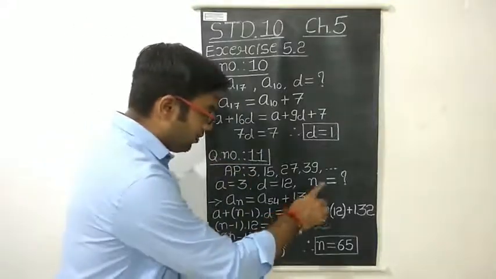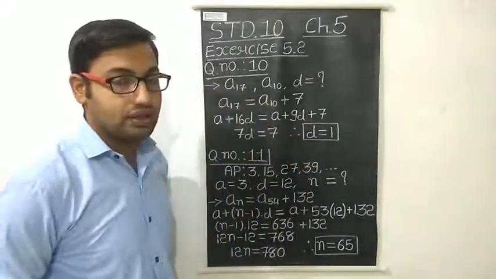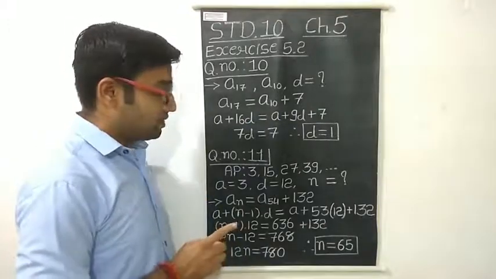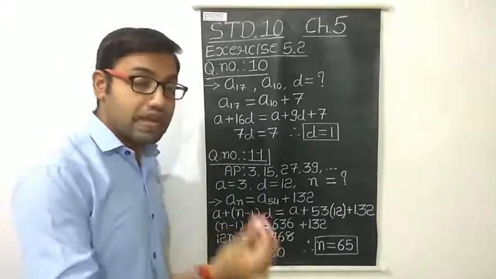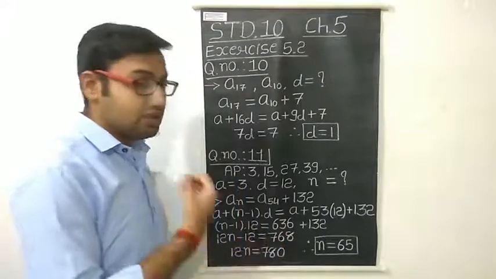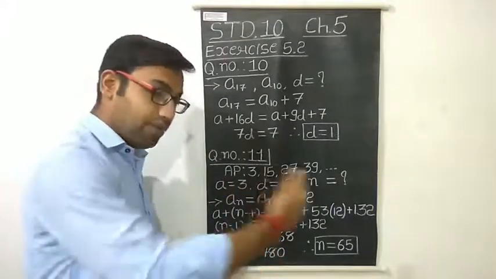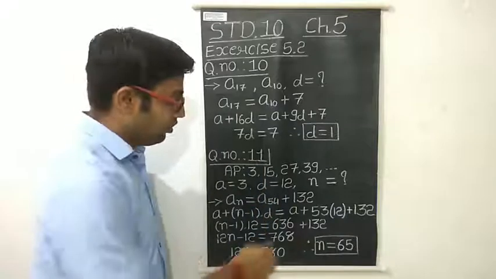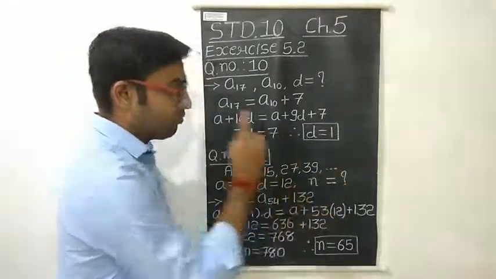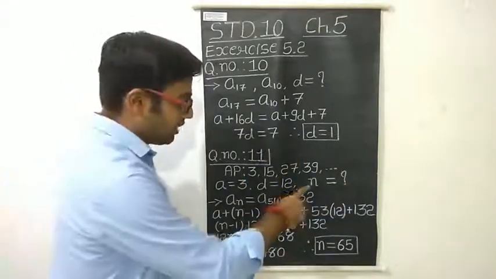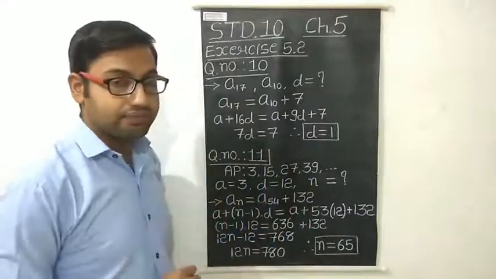We have to find the number of the term. See the difference: we do not have to find the value of the term. In this question we are asked which term. Which term means the number of the term. Right? So we have to find the number of that term, and let's suppose that number is n.